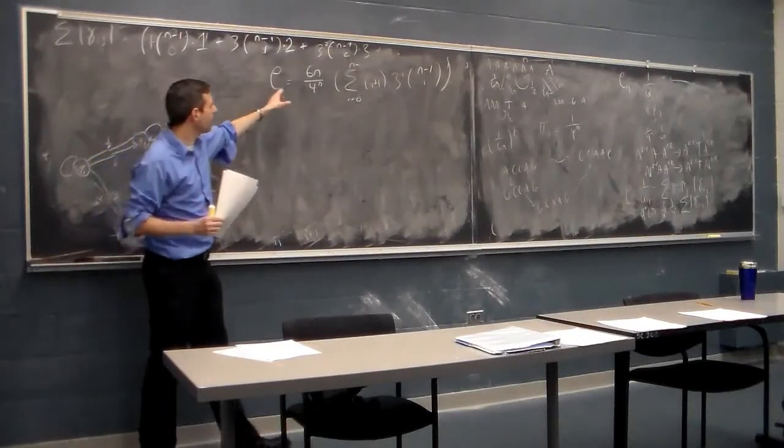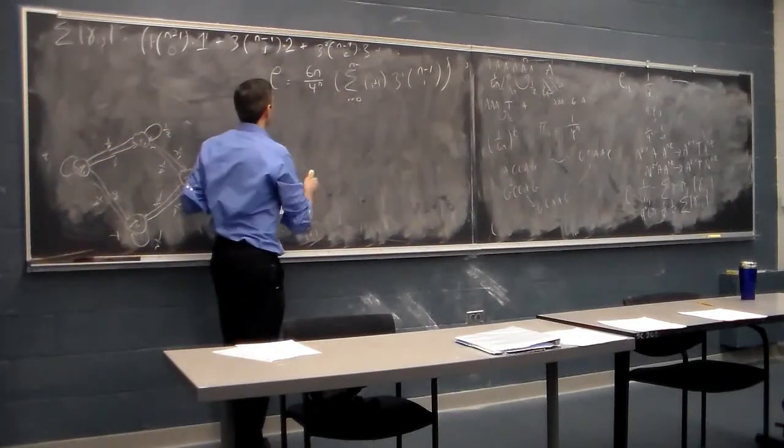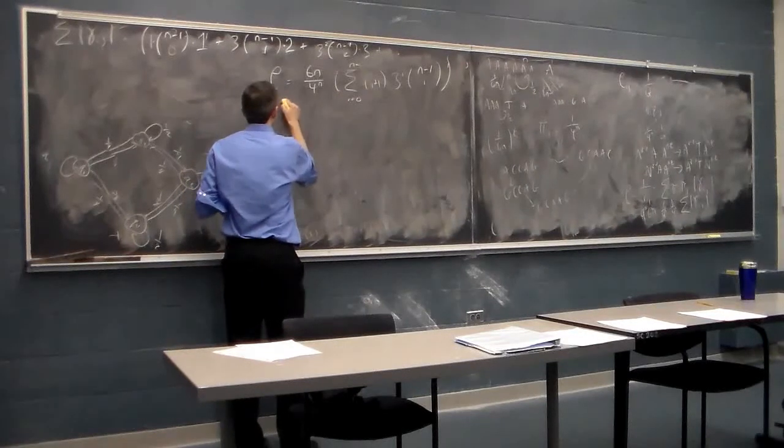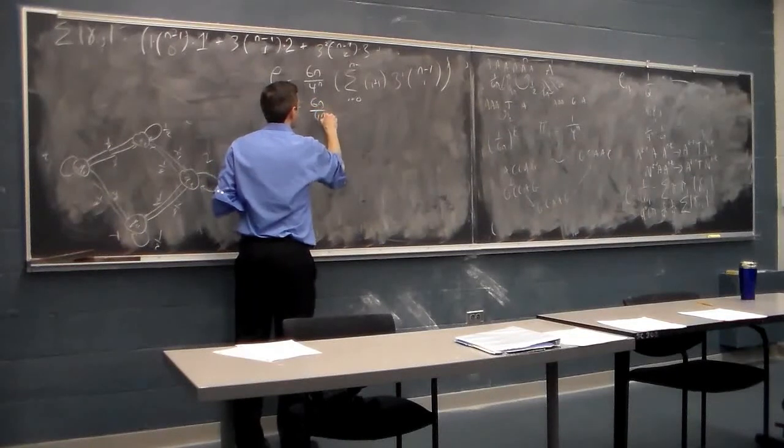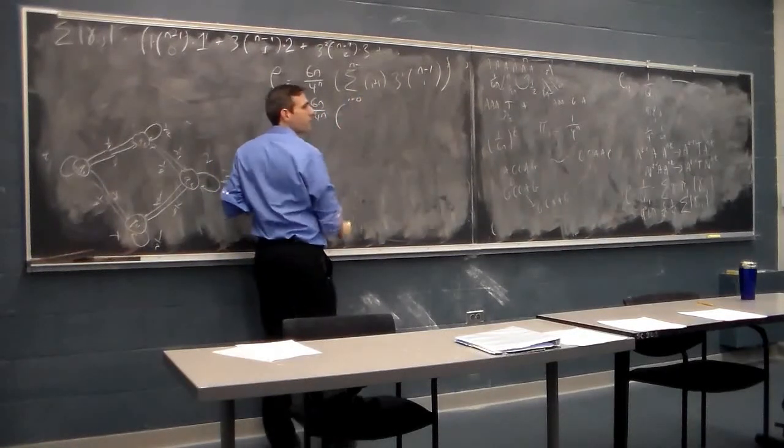So in other words, we can say that if this is what rho is exactly equal to, then rho is less than or equal to, let's say, 6n over 4 to the n times a bound on this thing.